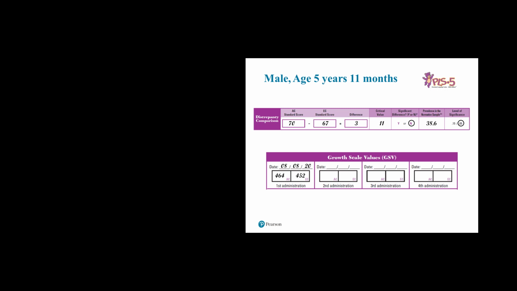So you can obtain growth scale values to track progress if this child is given the PLS-5 during a reevaluation or his annual IEP. The growth scale values account for item difficulty. So if he has made progress in skills, it will be evident in the growth scale value comparison from one administration to the next.